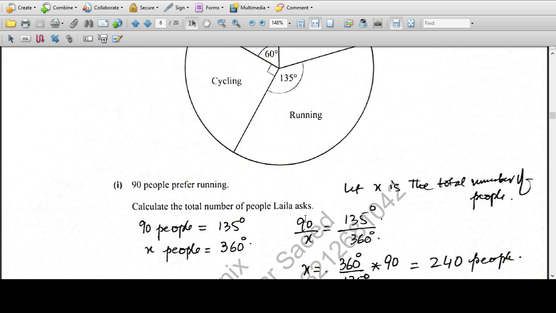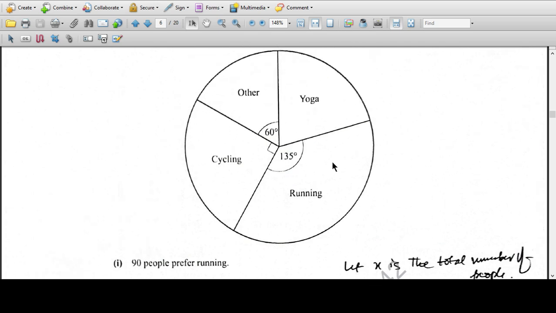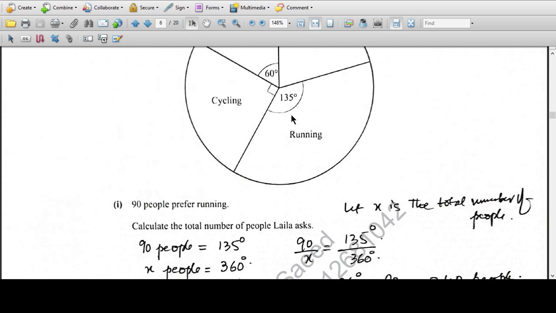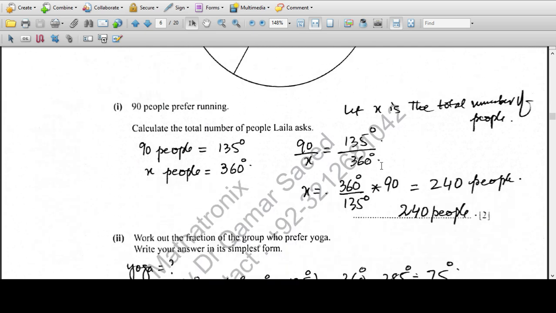This is directly proportional. If running corresponds to 135 degrees, the whole circle corresponds to 360 degrees. So x is obtained as 240 people. Total 240 people have been asked for their preference.